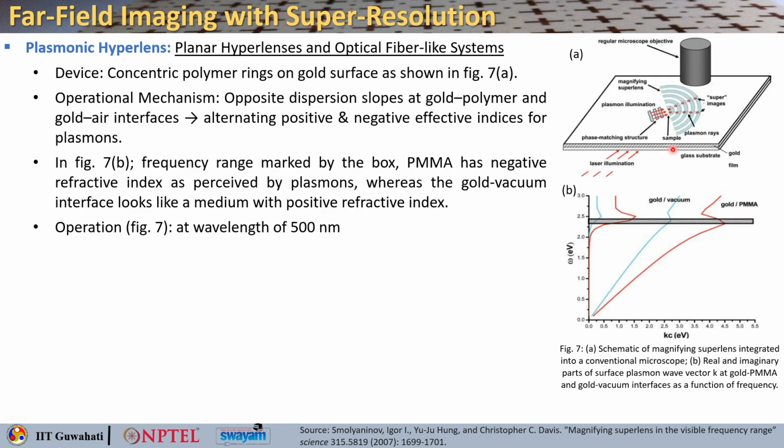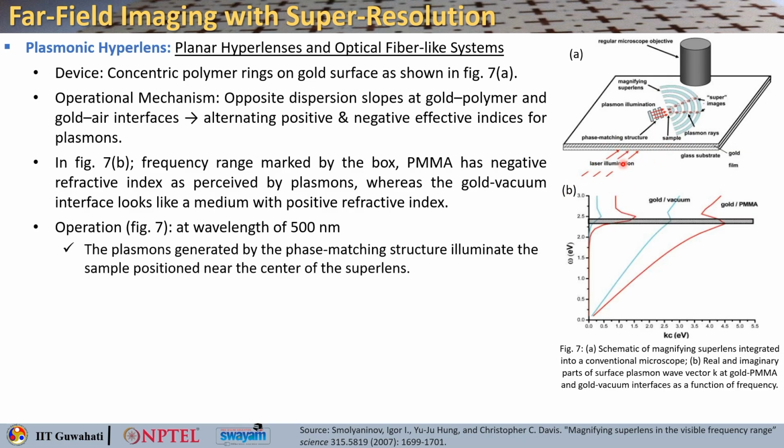Now, in this particular setup, you have a laser illumination at 500 nanometer wavelength, and then you have this phase matching structure. Here the plasmons are generated by this phase matching structure. When illuminated, this structure will illuminate the samples which are positioned at the center of this superlens.